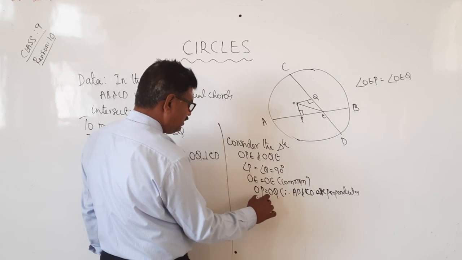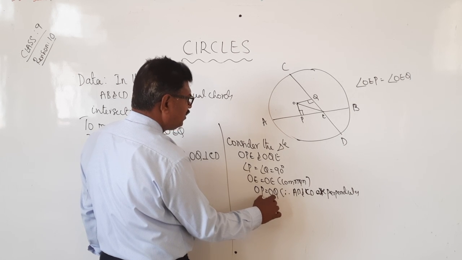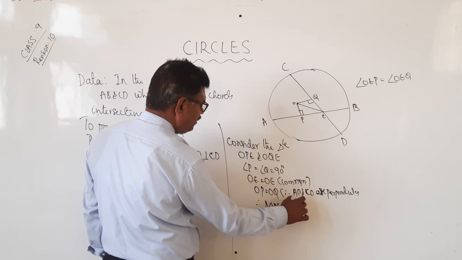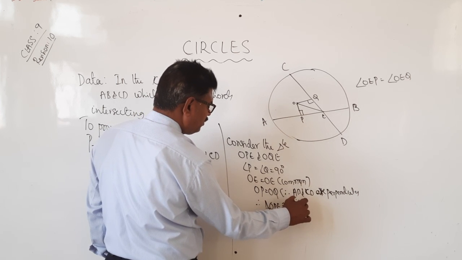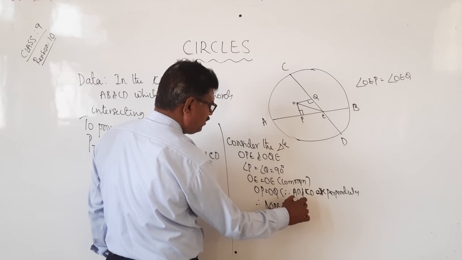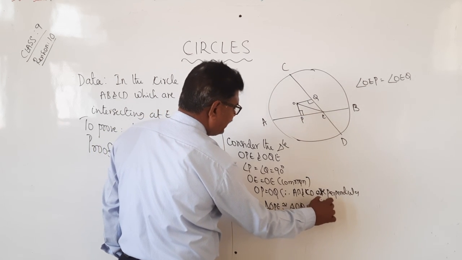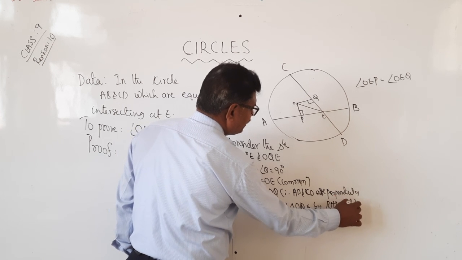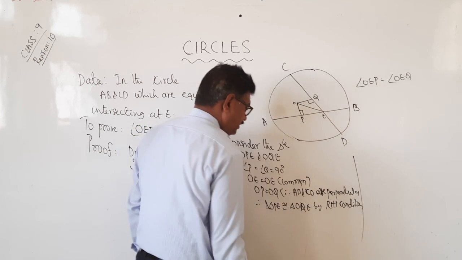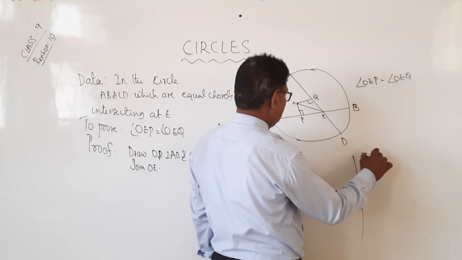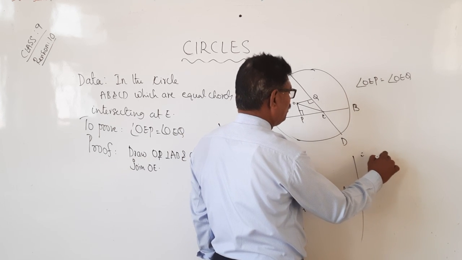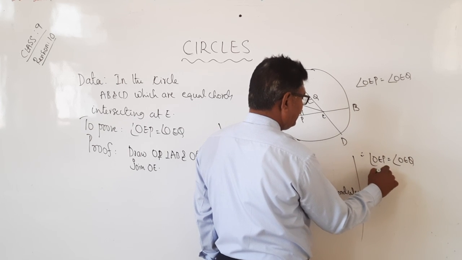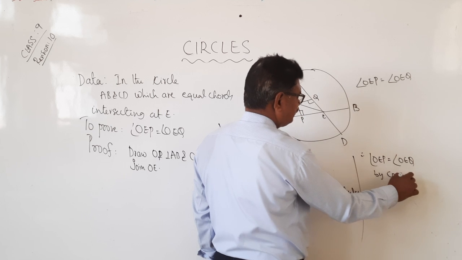Therefore, triangle OPE is congruent to triangle OQE by RHS condition. Okay na? Yes. Therefore, angle OEP is equal to angle OEQ by CPCT.